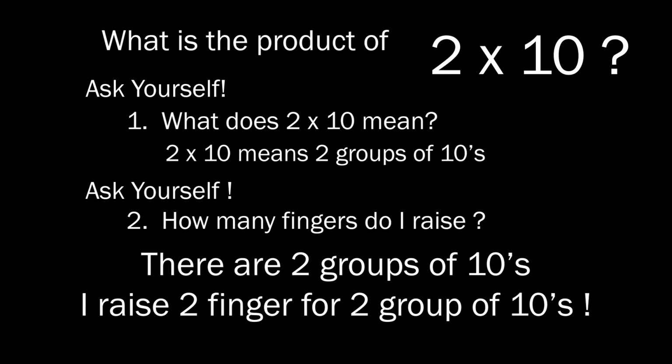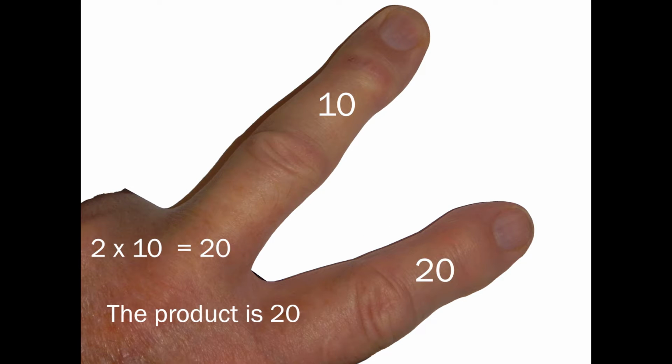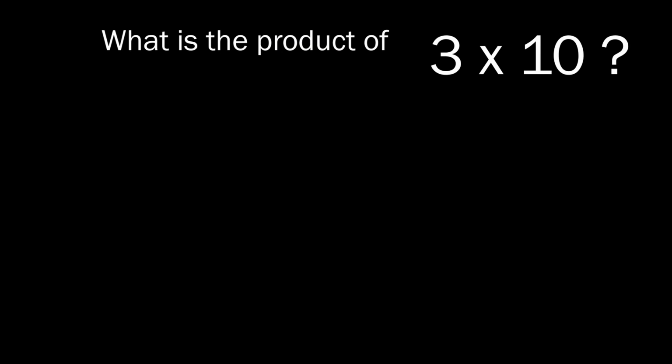There are 2 groups of tens, therefore I raise 2 fingers for the 2 groups of tens. Your turn. Count by tens on each finger, therefore 2 times 10 equals 10, 20, 2 times 10 equals 20, the product is 20.